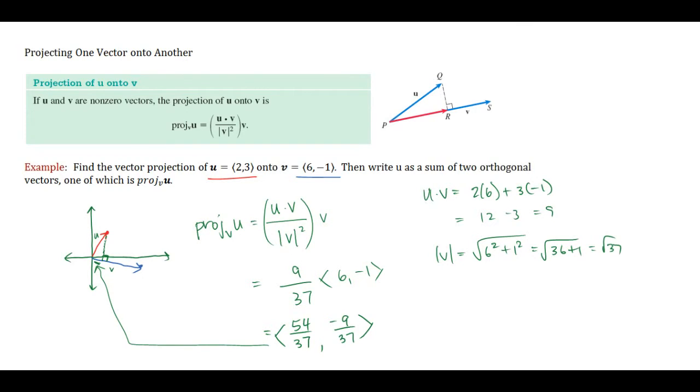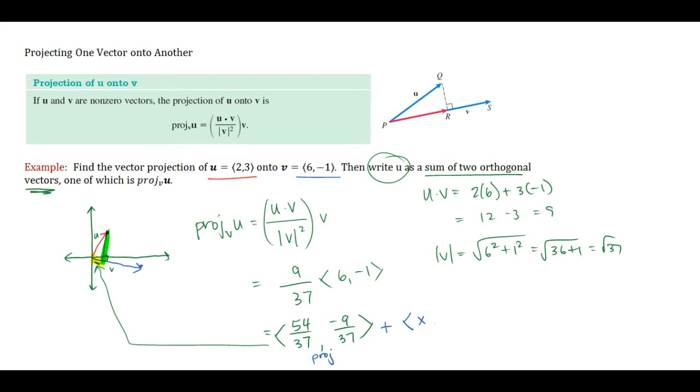And now let's finish up the last part of this that says write u as the sum of two perpendicular vectors, orthogonal vectors, one of which is the projected vector. So in other words, here's our little projected vector that we found, and then who's perpendicular to that? This guy right here. Can you find that vector and tell me what u is written with those two added together? Well, it's not as tricky as it looks, right? We already got the projected vector, that's right here. Now we have to add some other vector.